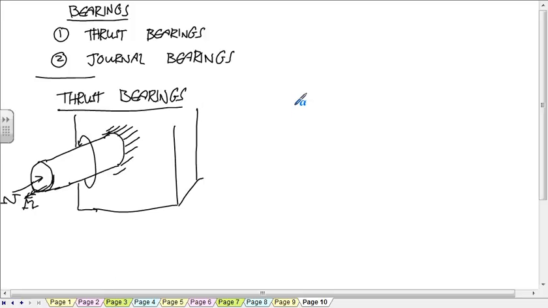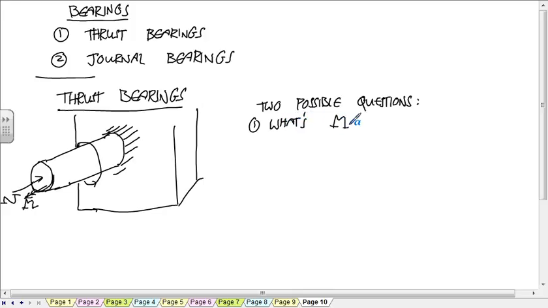So there are two ways you can ask questions about this. The first is, what's the couple that you'd have to apply to initiate motion?